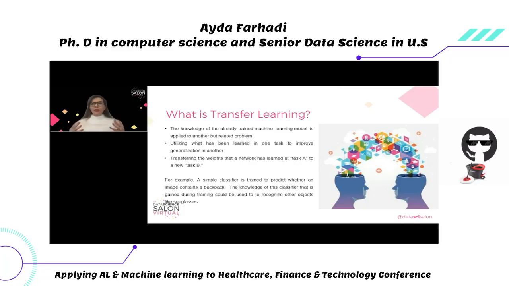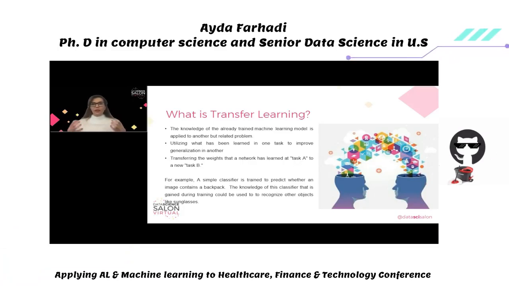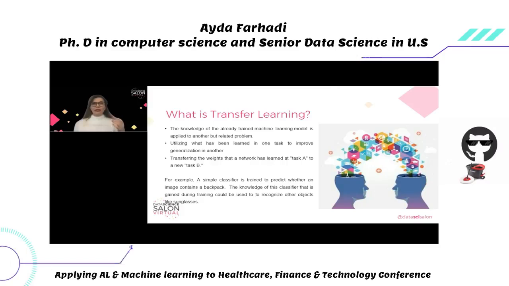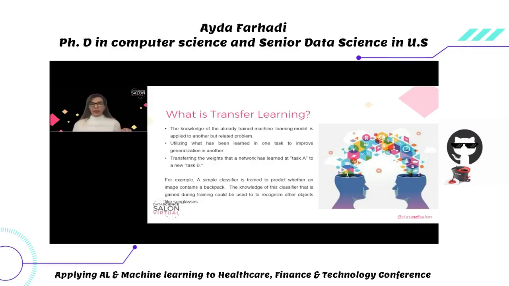And mainly what we mean by transferring is transferring the weights, because weights are the ones that are learned during the training and get updated at each iteration and help the model to learn from the data.